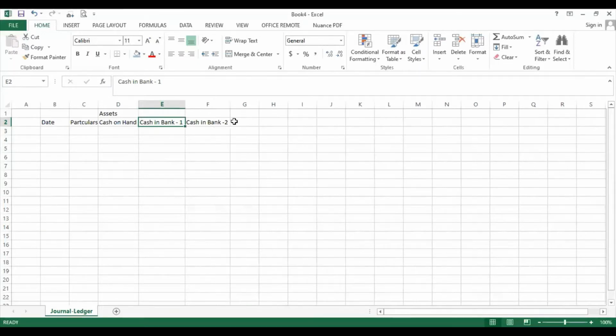So aside from cash, your company can also have accounts receivable. Your company will also have inventories and office supplies. So I guess that's enough for our assets.